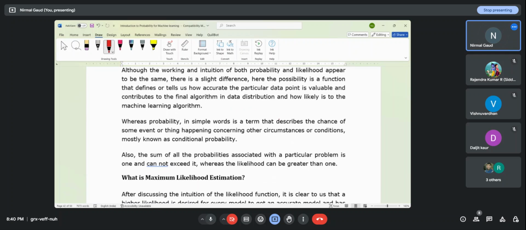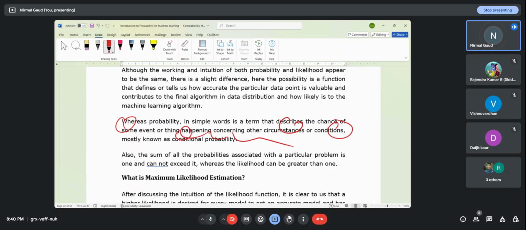And probability describes the chance of happening or not happening of a certain event. Okay, probability describes happening or not happening of an event. Above I told likely to happen. In probability I am saying chance of an event to occur or not to occur.